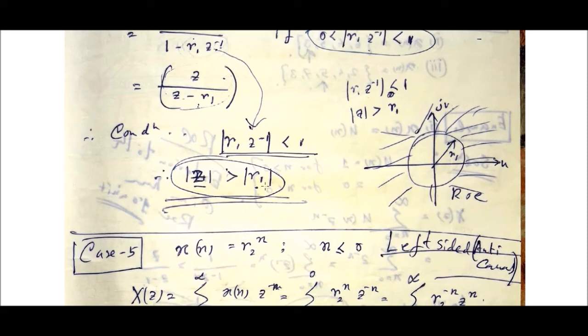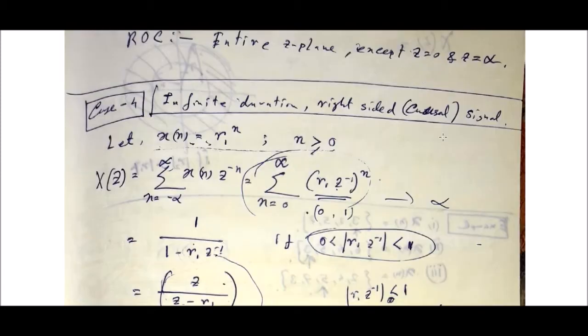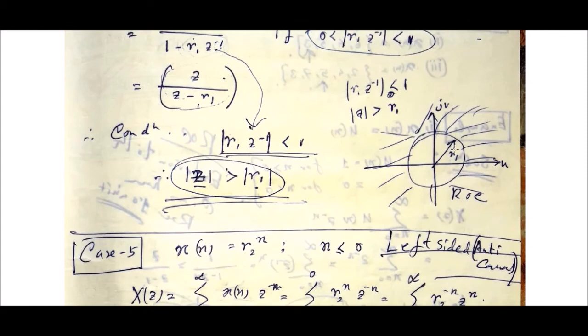That means the region of convergence should be outside of this circle, the exterior of the circle magnitude of z equal to R1. So the ROC of an infinite duration causal signal should be the exterior of a circle, here with radius R1.